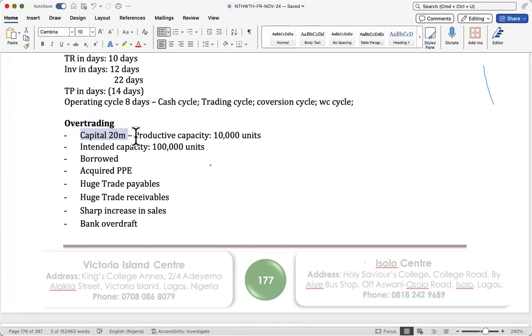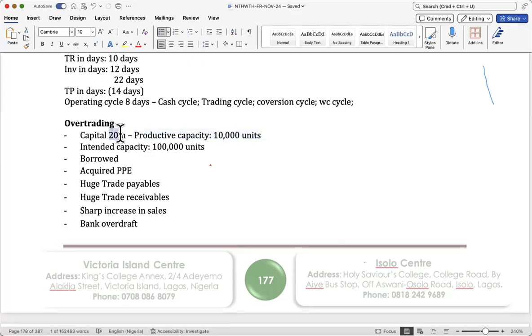And this capital can start him up with 10,000 units. He can buy maybe 10,000 units of bottles to sell, or 10,000 units of bags, whatever he's selling. That is the capacity of his 20 million.